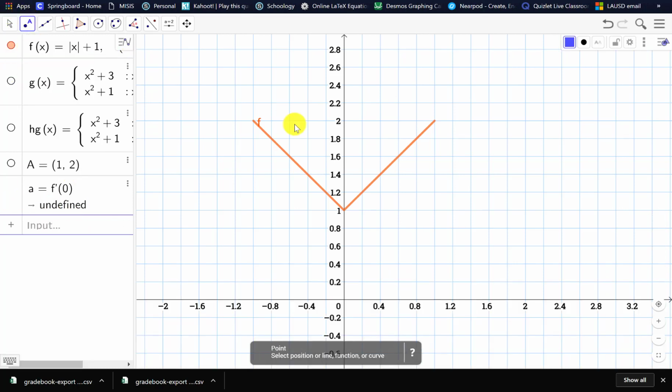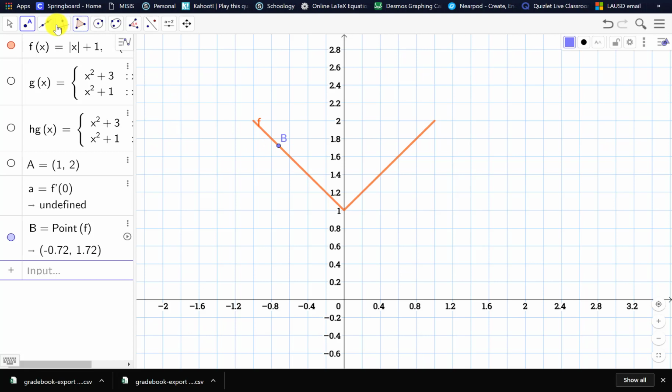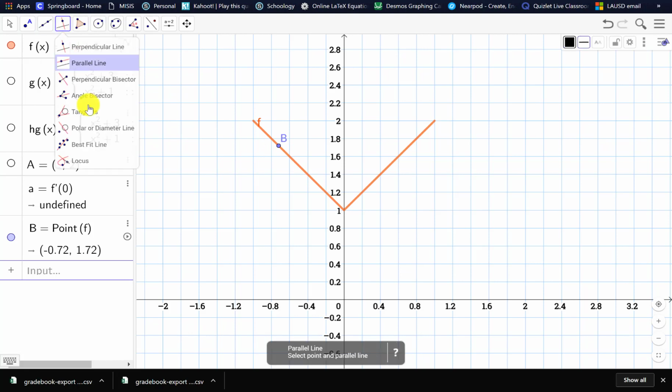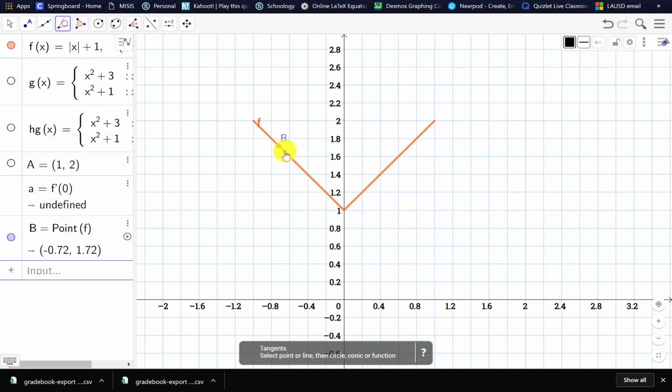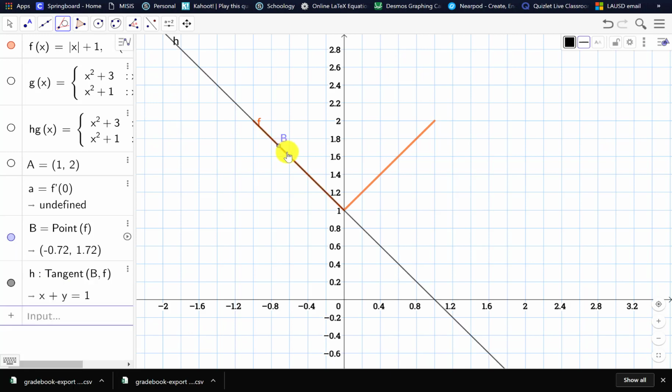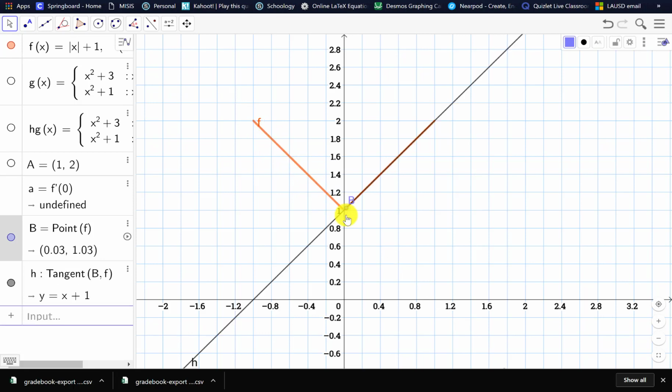And it's undefined because if I make the tangent line, you'll see that the tangent line right here is always the same, but as we move this way, it becomes 1. It's not gradual, so because it shifts that fast, the derivative from the left is not the same as the derivative from the right.